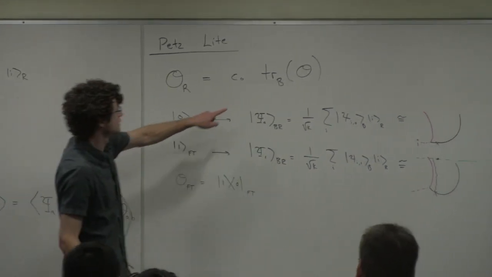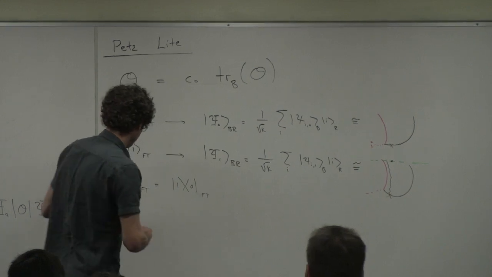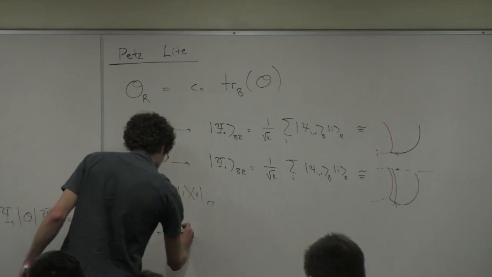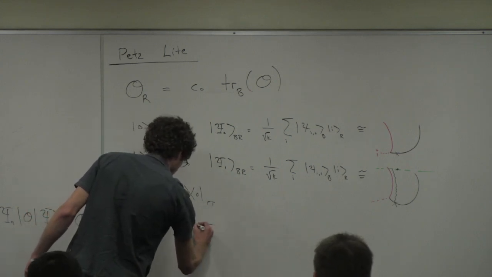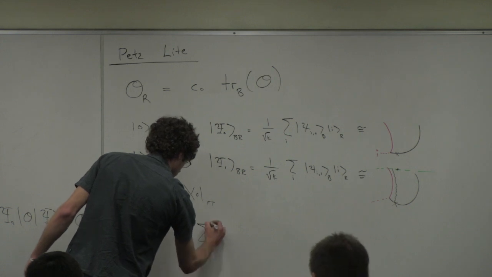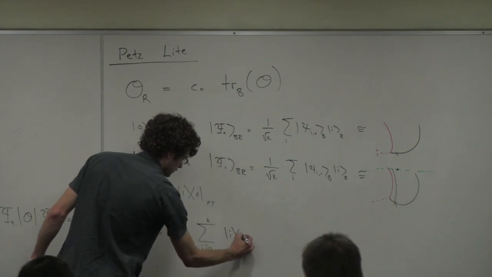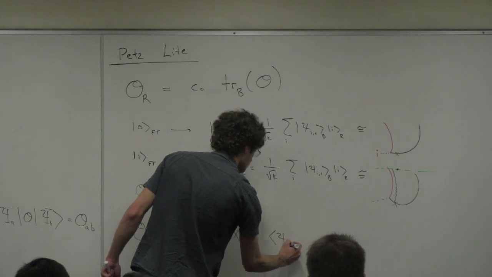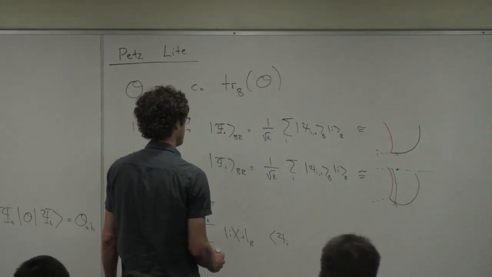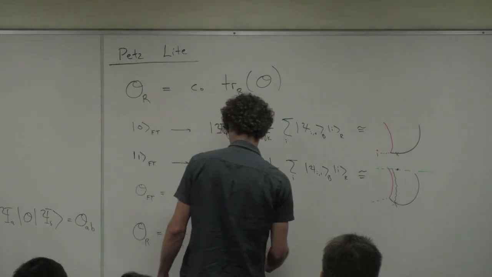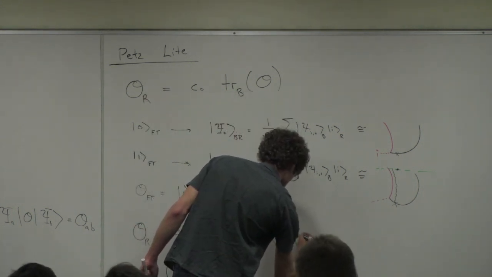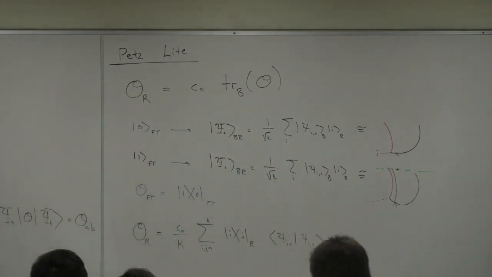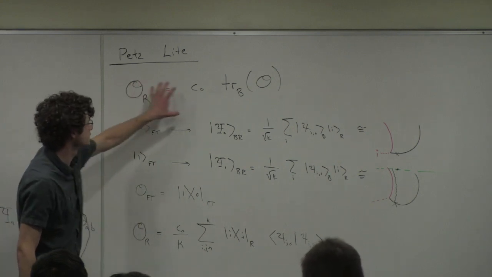And then we can trace it over the system B. And what you find, the Petz light operator, is the following. So this is the candidate operator suggested by this formula.